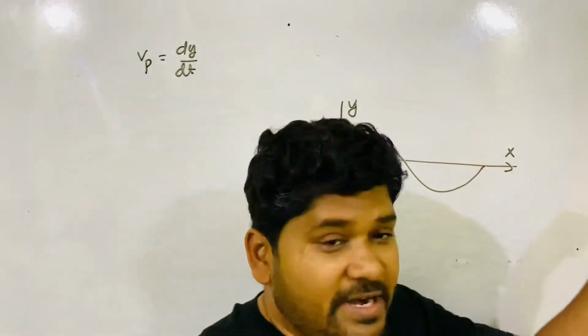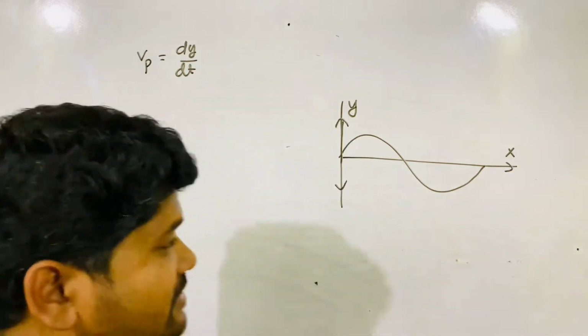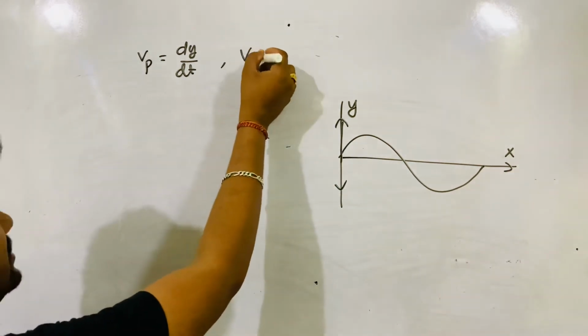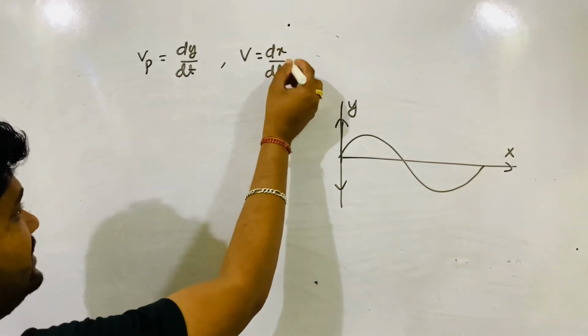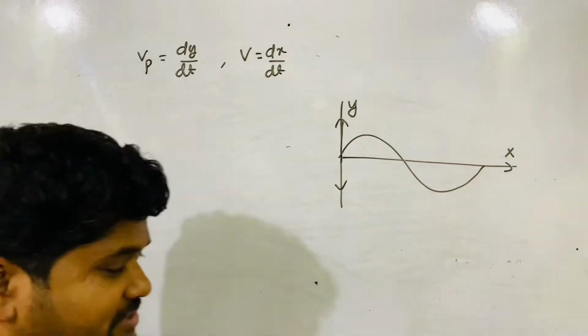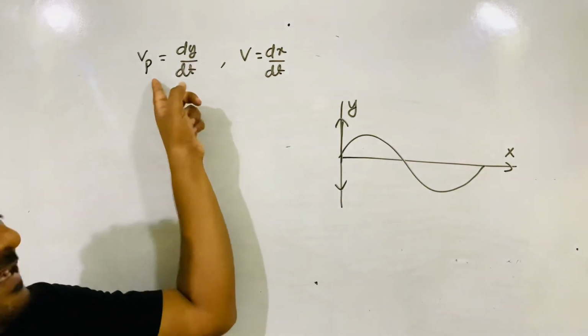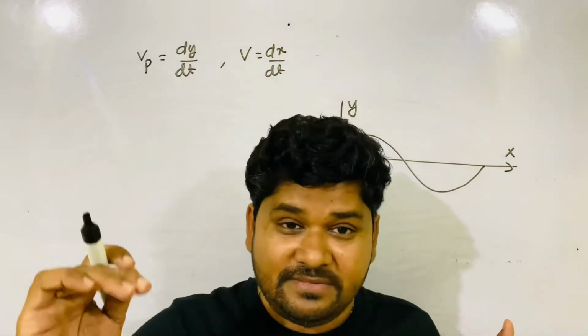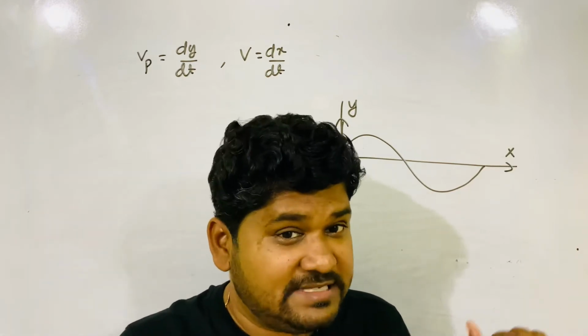When the wave is propagating along the x-axis, x gradually always increases. So the wave velocity, also called the phase velocity, is dx by dt. Differentiation of x gives the wave velocity, but differentiation of y gives the particle velocity, which increases, decreases, becomes zero, becomes negative, becomes positive, like you have done in SHM.